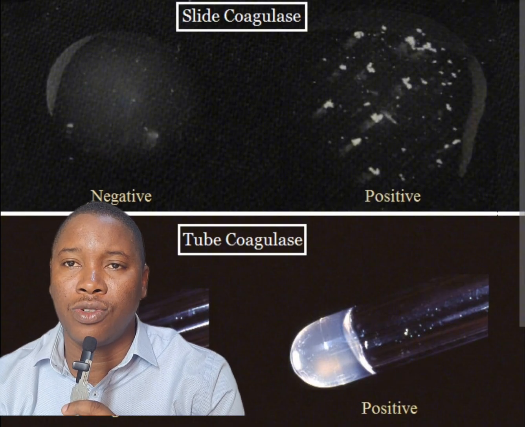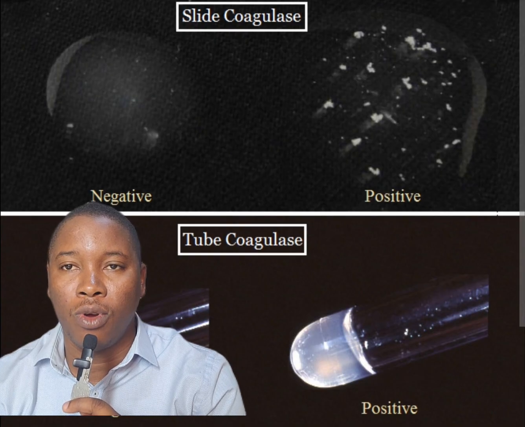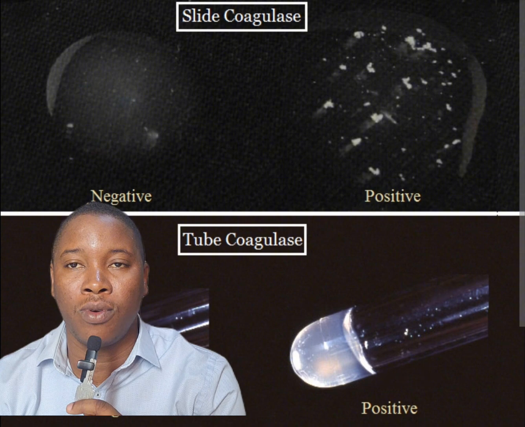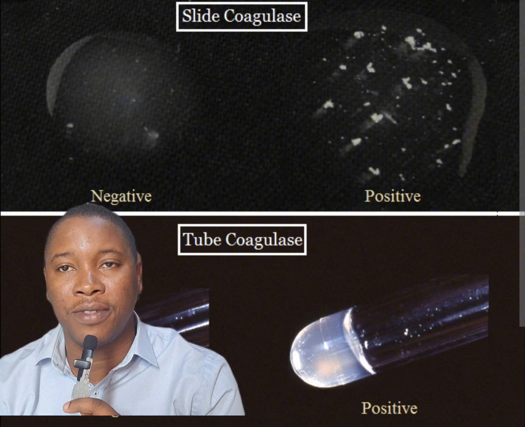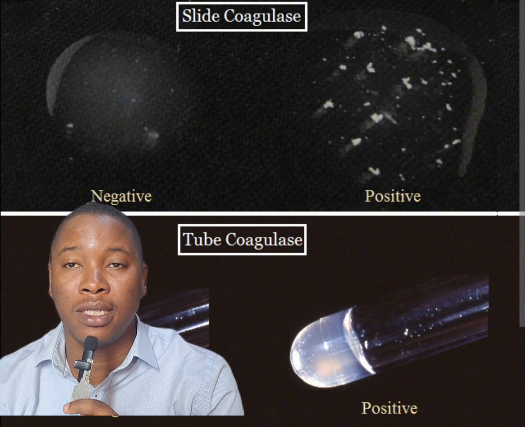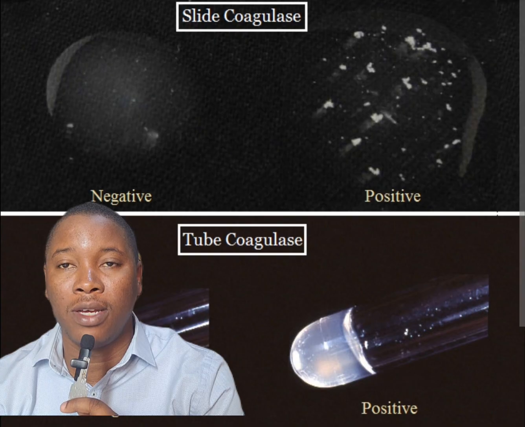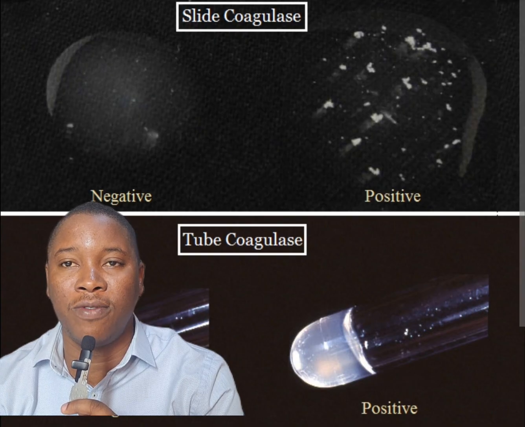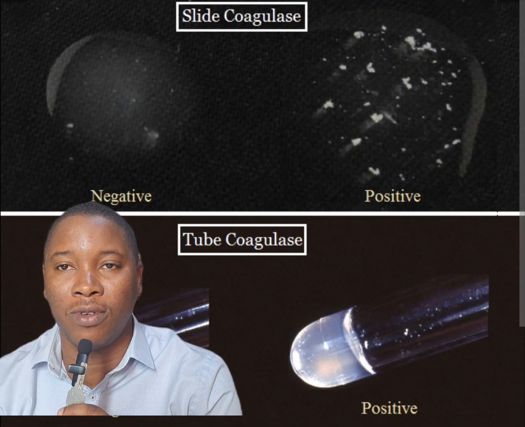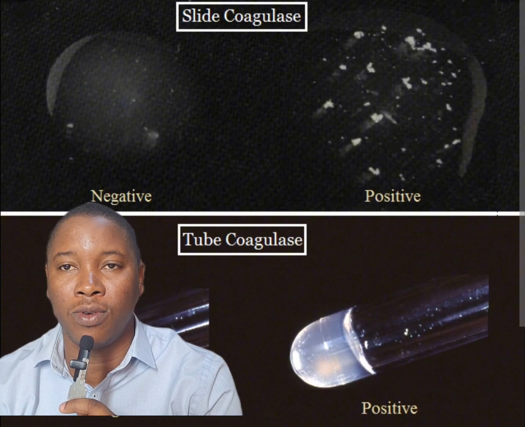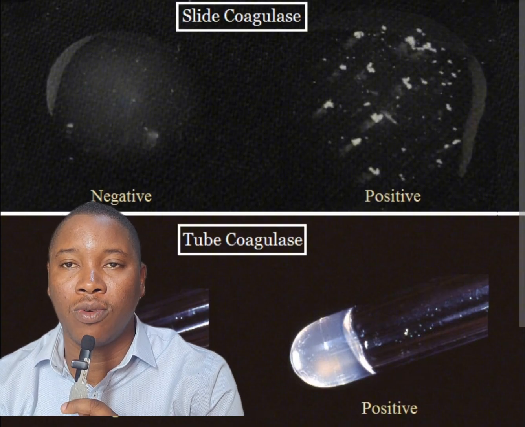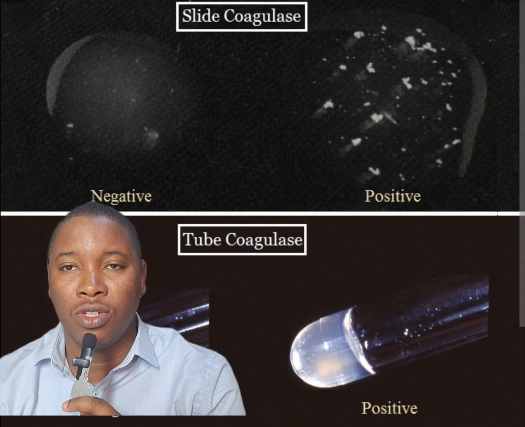Now, it's important to note that this test can help us to differentiate organisms, one from another, especially when we talk about Staphylococcus. For an example, we have Staphylococcus aureus, which is coagulase positive, and we can use that feature to differentiate it from other species of Staphylococcus. You have Staph epidermidis and other different types of Staphylococcus which are not coagulase positive. So this is important to know.